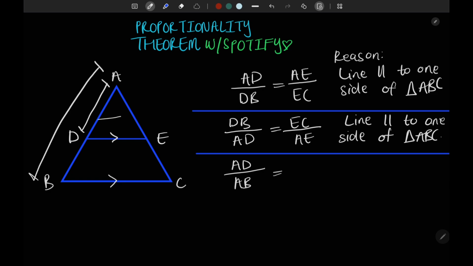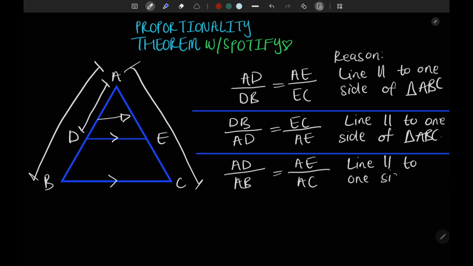We have AD, so the side that matches is AE. AE over, we said AB, the entire length. So let's also do AC, which is the entire length, AC. You have to give a reason, line parallel to one side of triangle ABC.